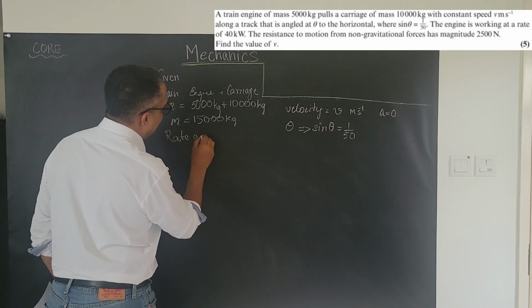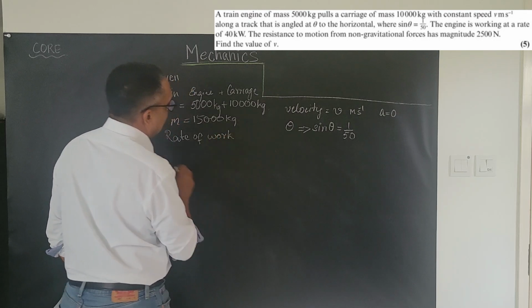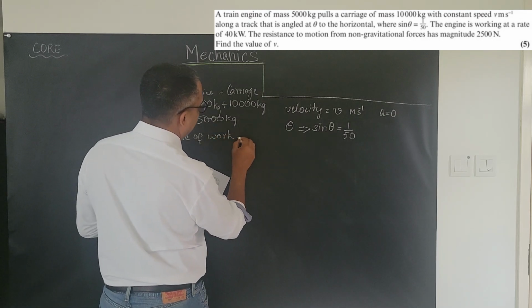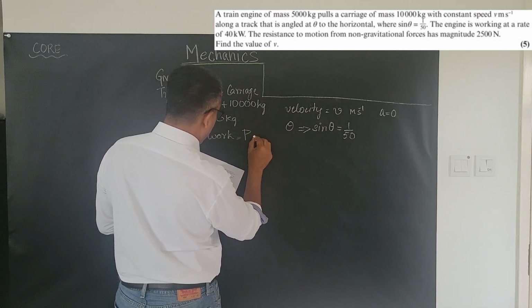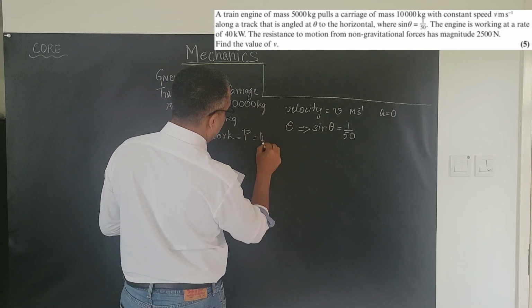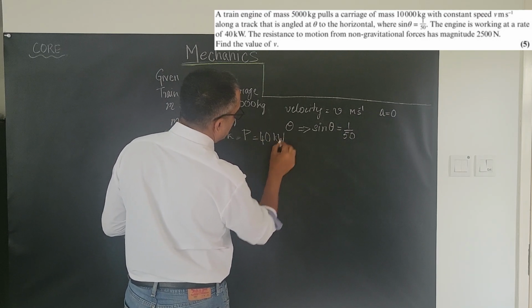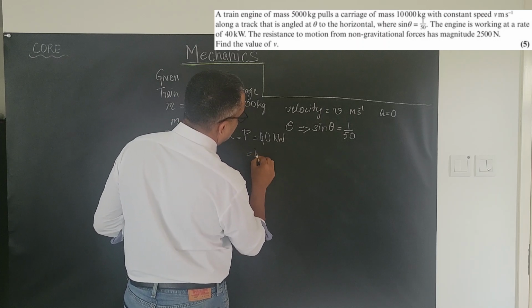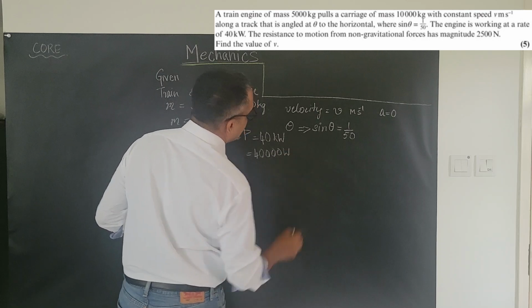Rate of work. And rate of work is simply equal to power, which is equal to 40 kilowatts, which is nothing but 40,000 watts.